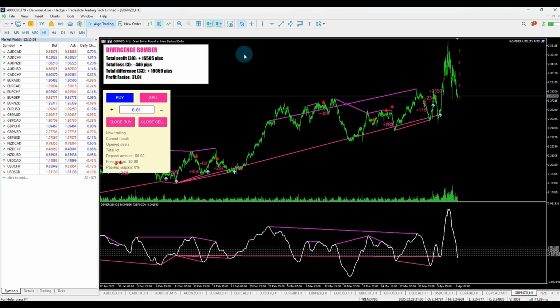Pound against the New Zealand dollar, 16,000 pips. And the profit factor is 37, meaning profits are 30 times greater than losses. Look, 30 profitable trades and only 3 with losses. This is how the Divergence Bomber system works.